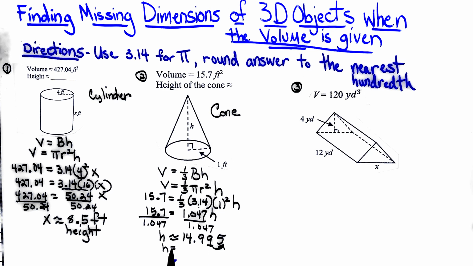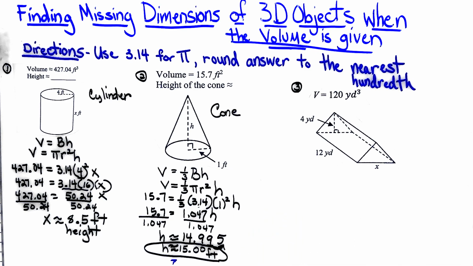So my height is equal to 15, and I'm writing 2 zeros here to show someone, again, that's an approximate answer, that I rounded to the nearest hundredth, and it is in feet. So this is my height for the cone, 15 feet.